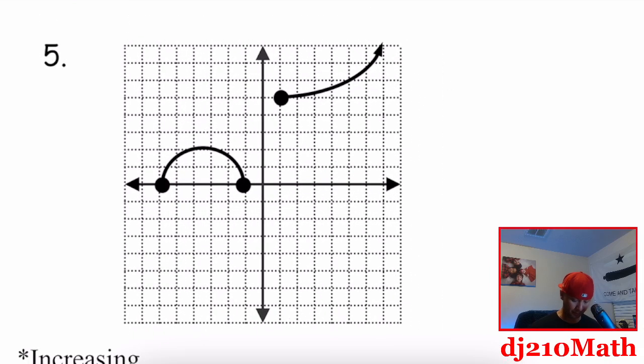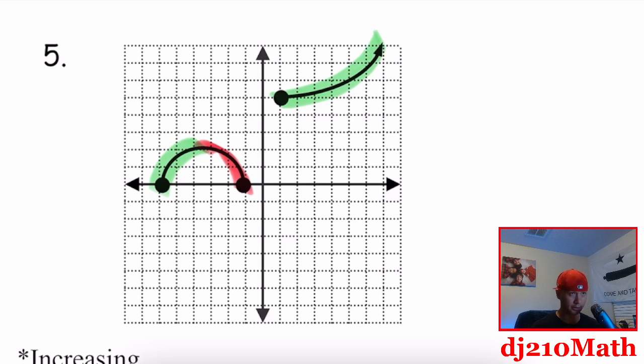All right, I'm identifying the uphills and downhills. So increasing from the left, then it changes to decreasing, and then the separate graph on the right is strictly increasing only.